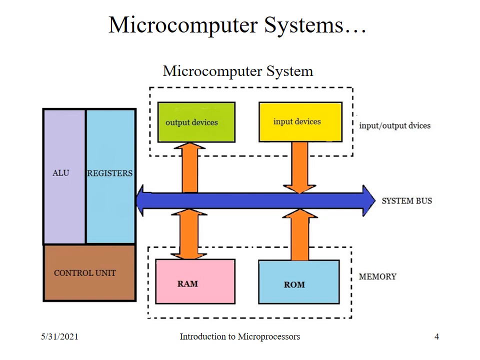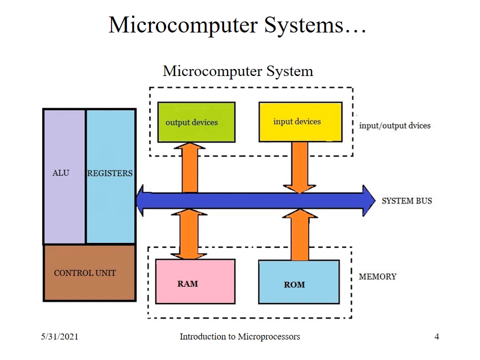Also, the microprocessor is illustrated using all its components, which include the output devices, the input devices, the arithmetic and logic unit, the registers, the memory. All these components are classified under the control unit, the input-output devices, and the memory section.